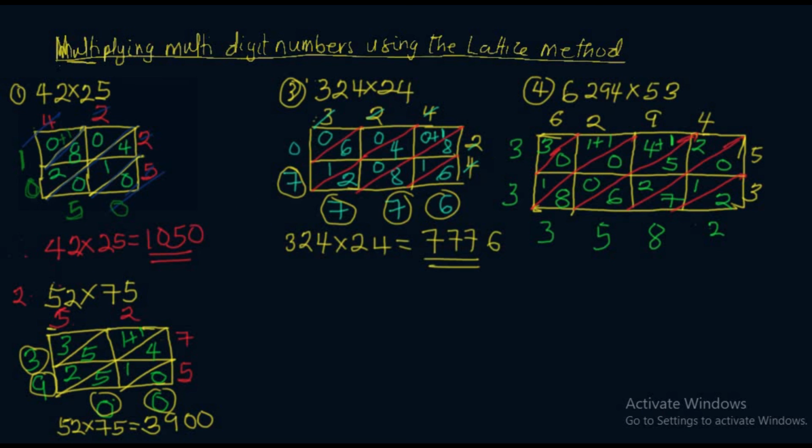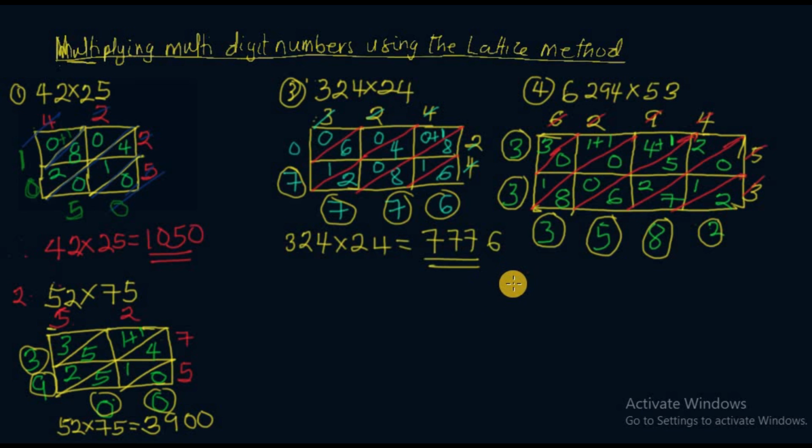Therefore, the final answer is going to be all the values outside the grid, or the entire box. Make sure you don't confuse it with the numbers here. So it's always good you cancel them out so you don't add them to the final answer.